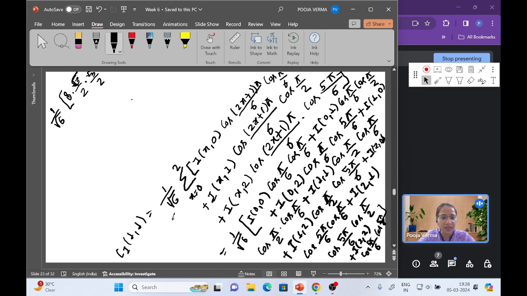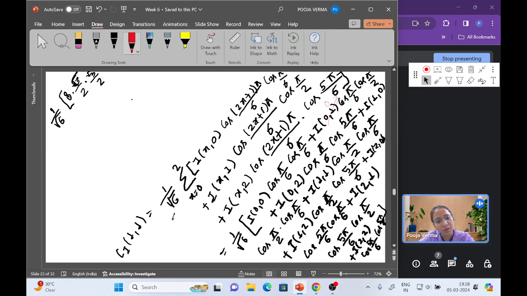That is cos 90, which is 0, right? So this part will become 0, and wherever cos pi by 2 is there, that part will become 0.